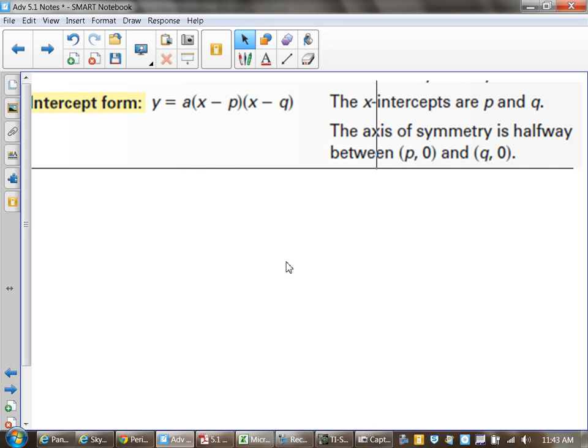When you're dealing with intercept form, you're basically dealing with a factored form of the standard form.